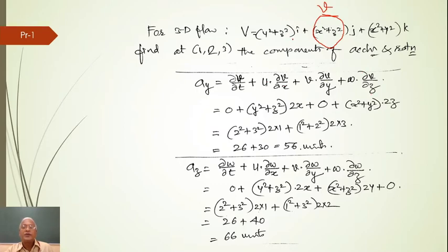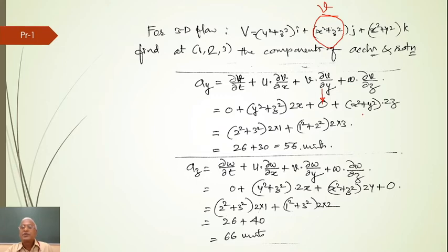So u I have y squared plus z squared, dou v by dou x is 2x written here, plus dou v by dou y, so differentiation of v with respect to y leads to 0, right, so that is 0.